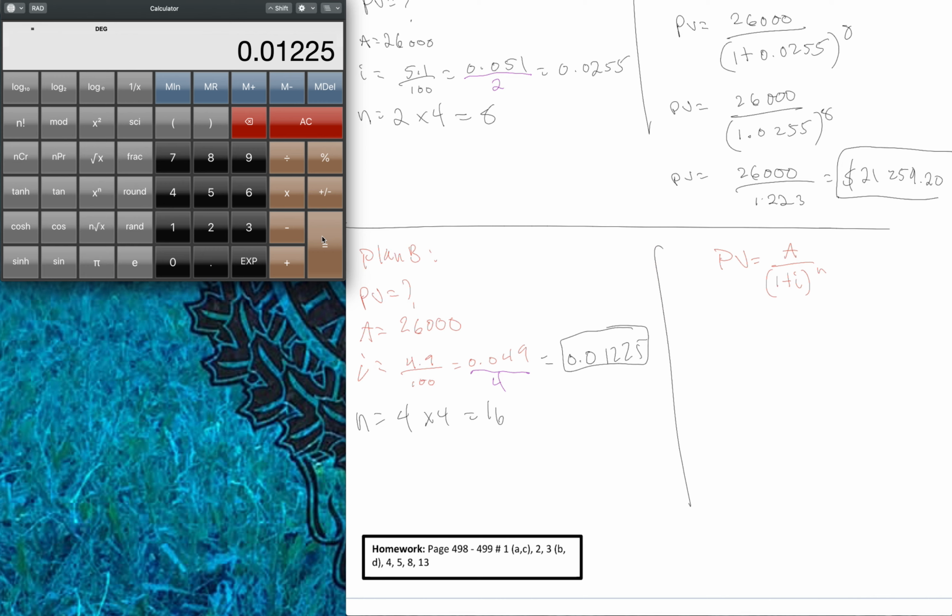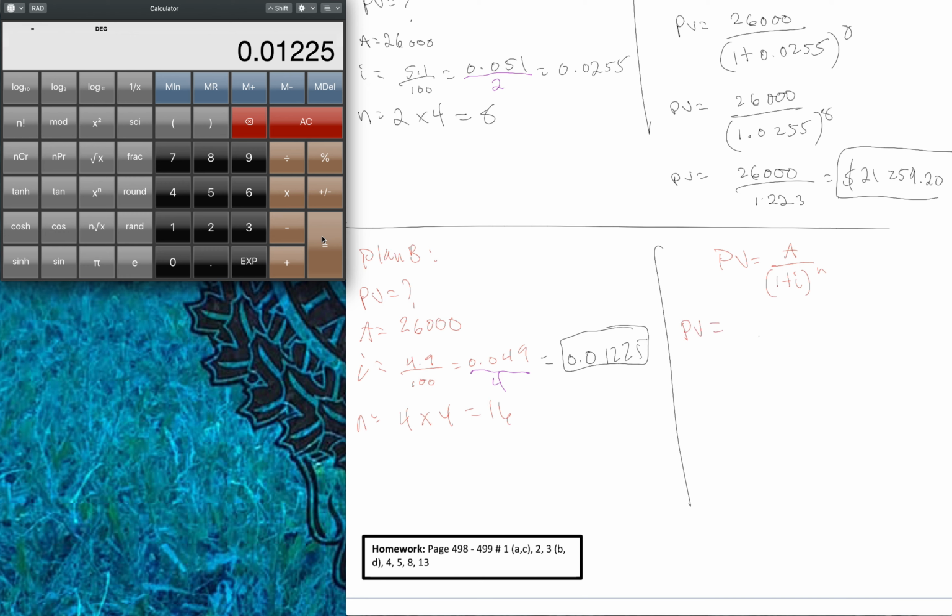Oh, I shouldn't be doing this in black. Okay, I'll try to keep this in red here. So again, it's 4 compounding periods times 4 years is 16. And now you're just free to plug into your equation.